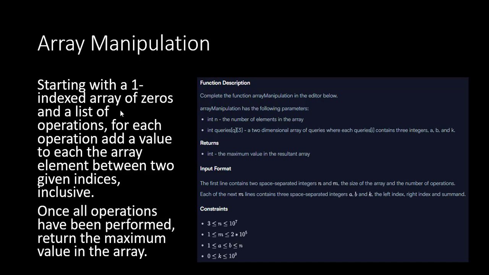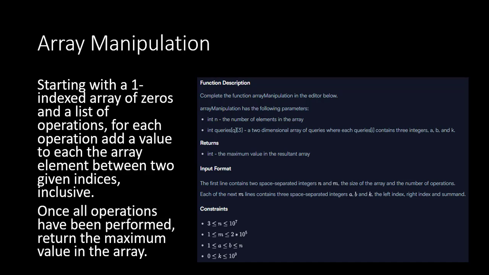you'll have a one-indexed array of zeros to begin with, and you'll have a set of queries. For each query, each operation you can also call it, we'll have three elements.